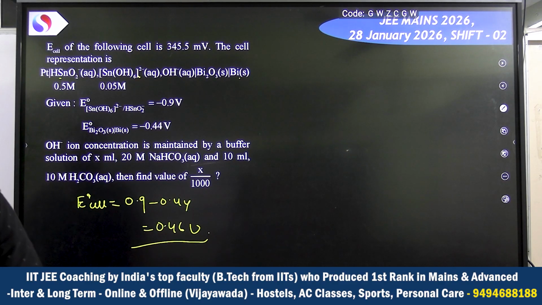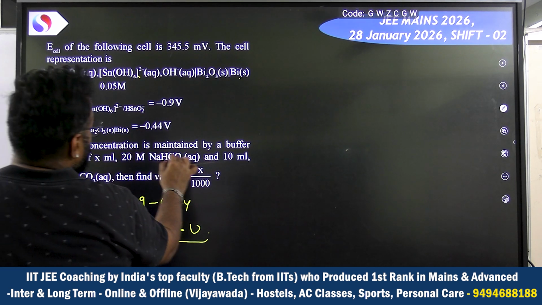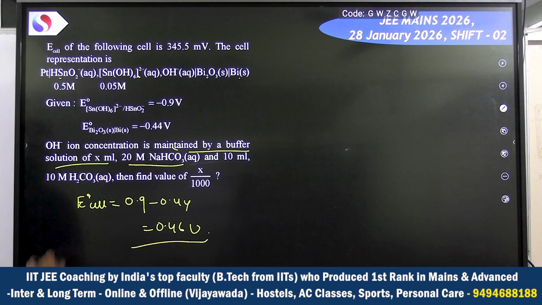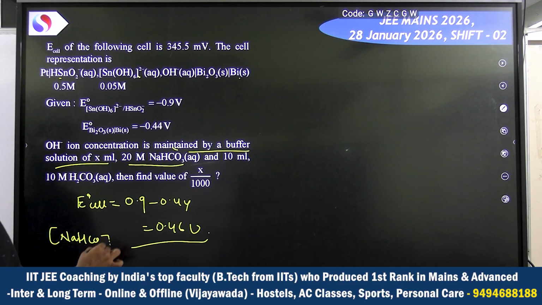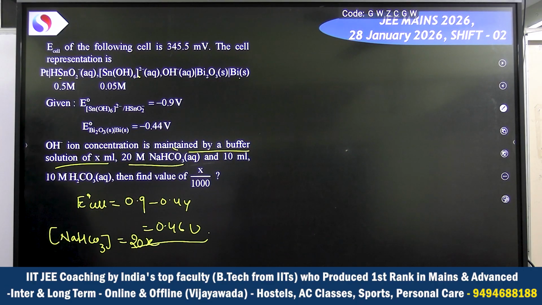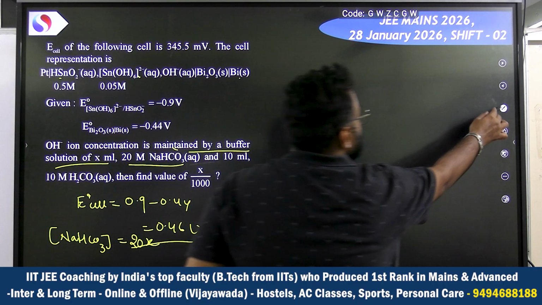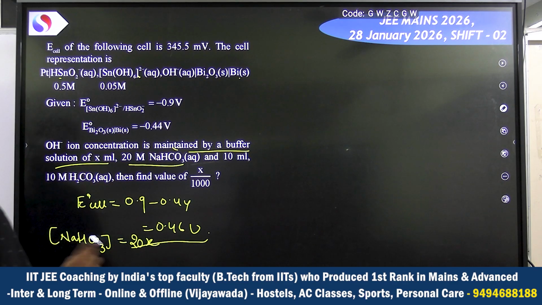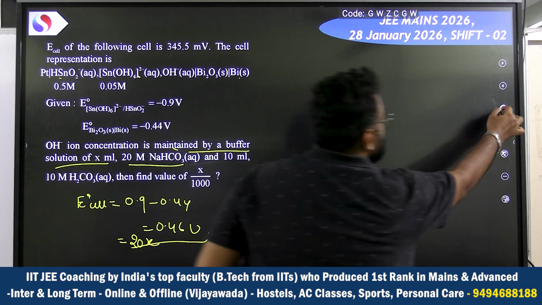OH की concentration is maintained by a buffer solution. तो concentration of NaHCO3 will be 20x. ऐसे ले लेते हैं. Instead of concentration, let us take number of moles.